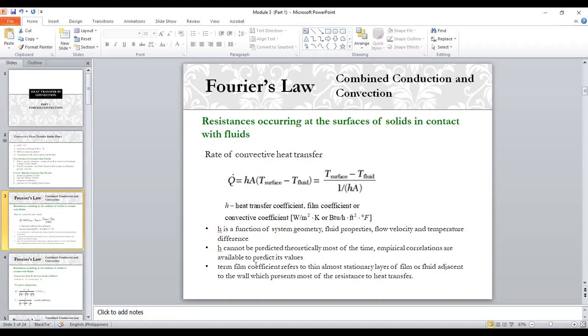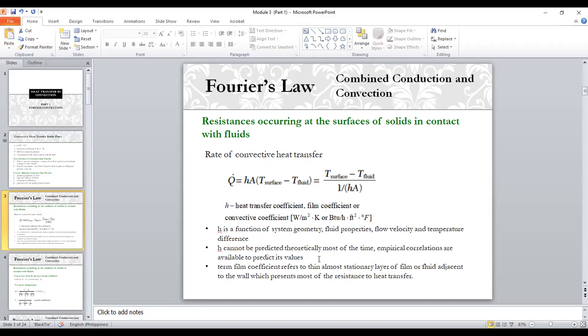Now, your H cannot be predicted theoretically most of the time, and empirical correlations are available to predict its value. So I will show you later a series of formulas which are empirical correlations. That way we can find the H, or predict the value of the H.